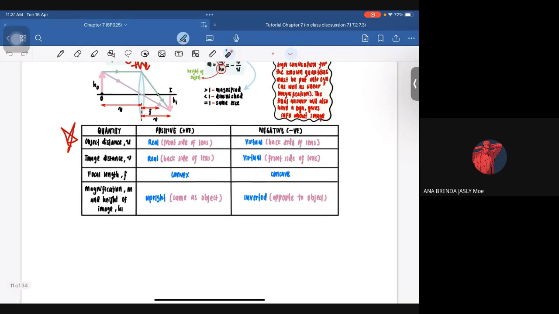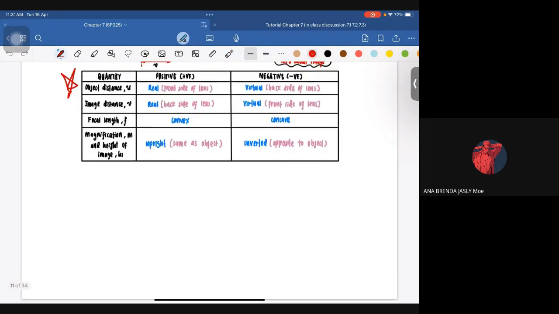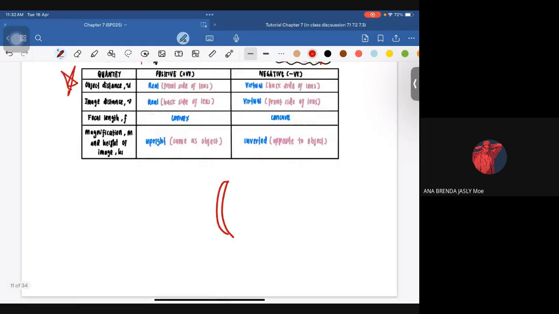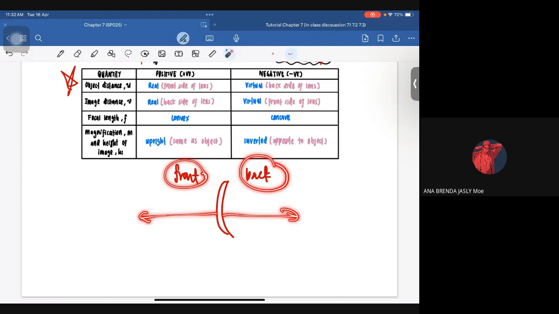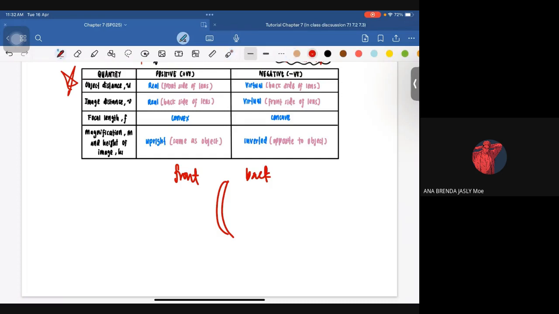Okay, so sekarang ni kita punya lens. Ni lens lah. Okay, so always remember this is the front side, this is the back side. So the left hand side is kita punya front side, right hand side is the back side of the lens lah. Okay, so sekarang tadi soalan mention object is at the left side. So object is here. Lepas tu dia bagi tahu the image is formed at the right side. So somewhere here lah.